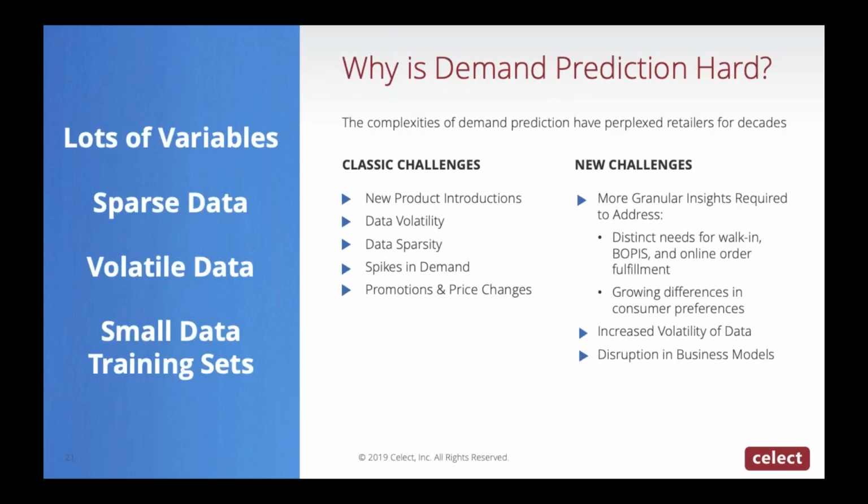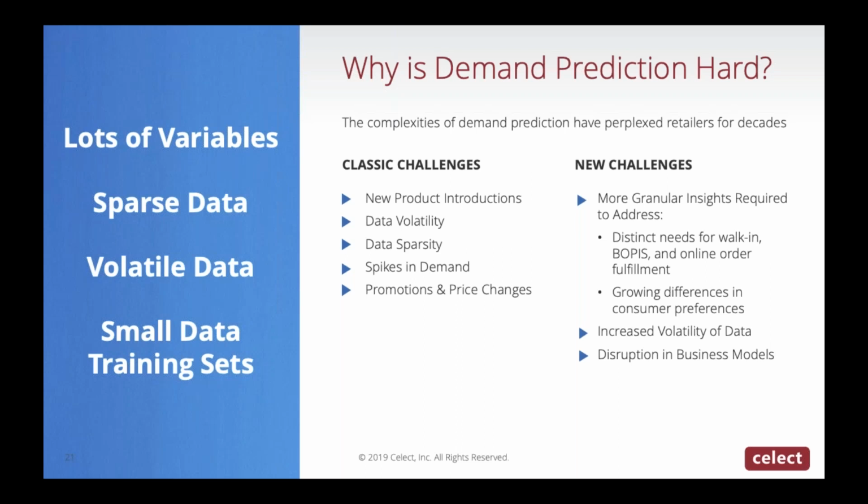So now, this is probably not an uncommon sentiment. Why is demand prediction hard? Right? People have been doing demand prediction for a long time, right? There's a lot of variables that can impact the outcomes of what actually sold in stores from the data that we have. There's this idea of what we call sparse and volatile data.